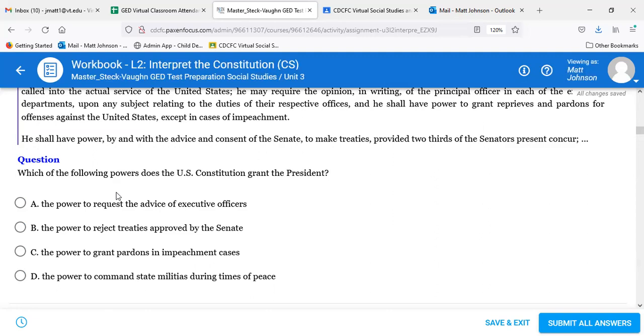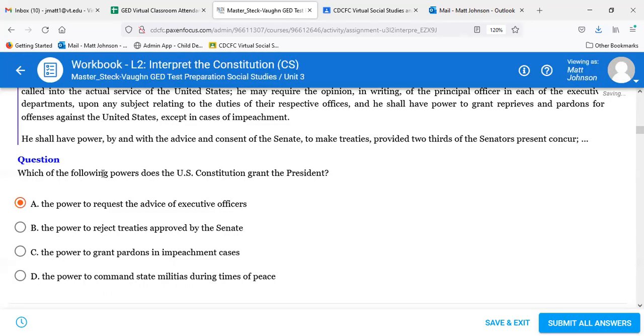C, the power to grant pardons in impeachment cases. D, the power to command militias during times of peace. A, the power to request the advice of executive officers. Yep, there you go. A for number 3.